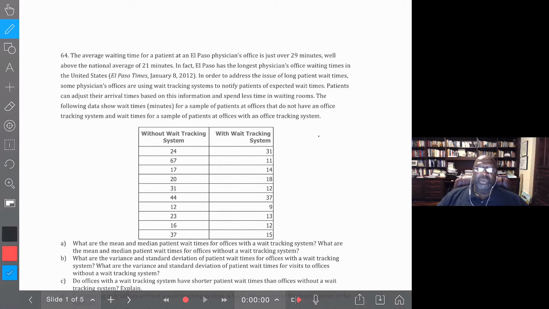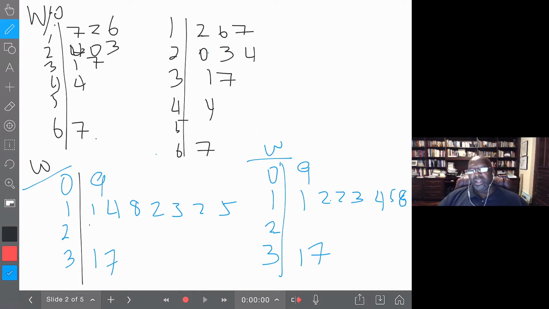The very first thing to do with this data, of course, is to order it, because if we want to find things like the median, identify the mode, or identify quartiles, it would make sense to have the data ordered. And so I've gone ahead and pre-ordered the data and used a stem and leaf plot for that purpose.